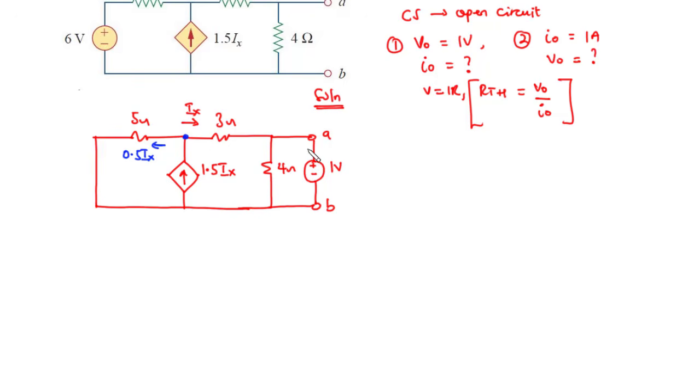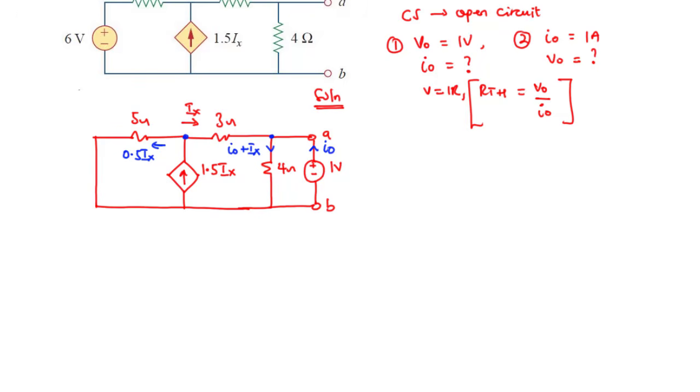And then let's assume that the current produced by this voltage source is I0. Now we have Ix flowing in this direction and I0 also flowing in that direction. So they meet at this node, and the sum of the two currents, that is I0 plus Ix, flows in this branch. So the current in the 4 ohms resistor is I0 plus Ix.